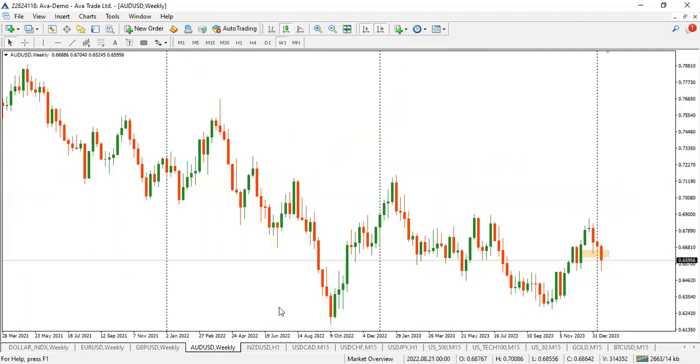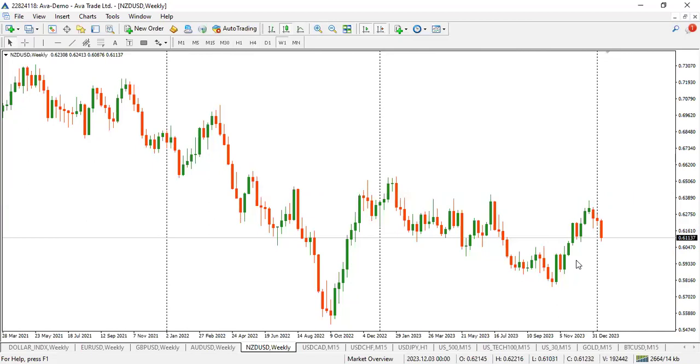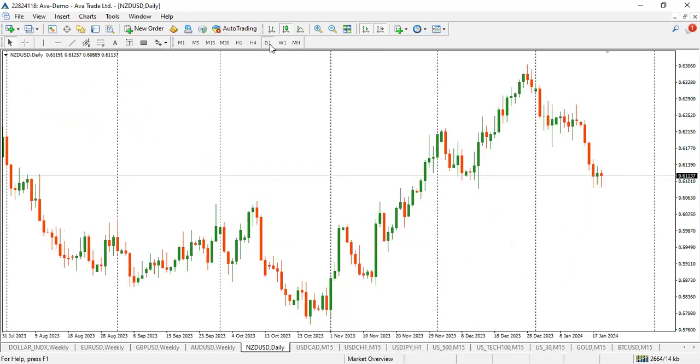NZD/USD, same prognostication. I want to see it rally back to this level. Yes, this level here. So we'll see that take up to this level before we spike downward. Here is essentially creating a pool of liquidity, letting traders trust that this is a support level. It's going to give them a little movement up to this level before it slides lower.